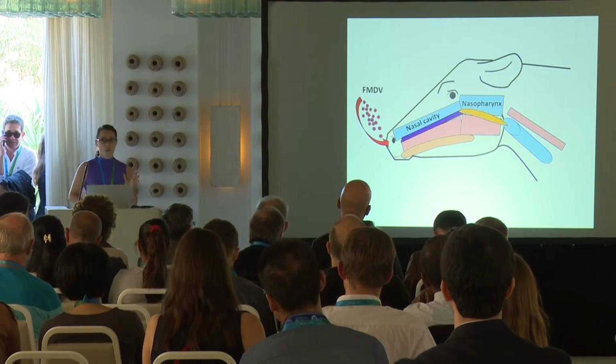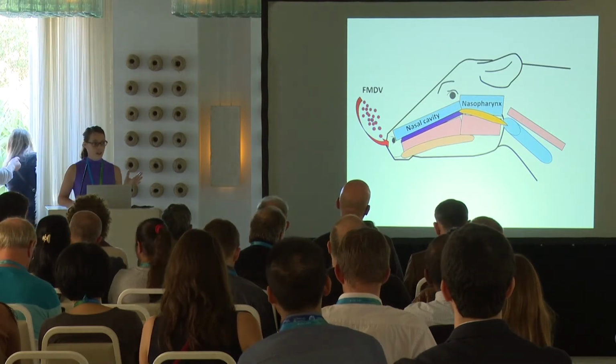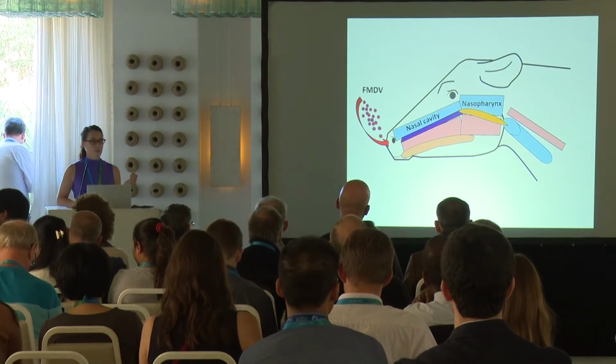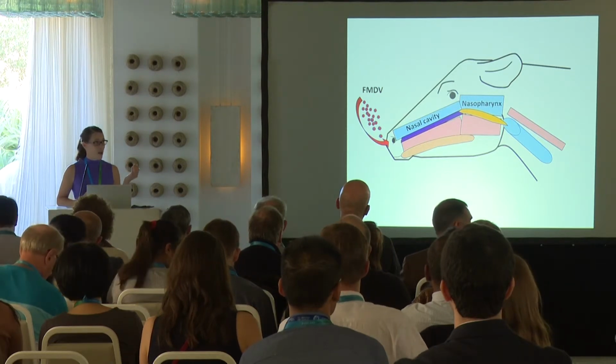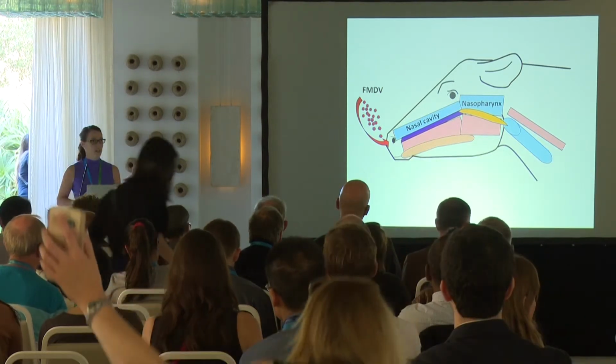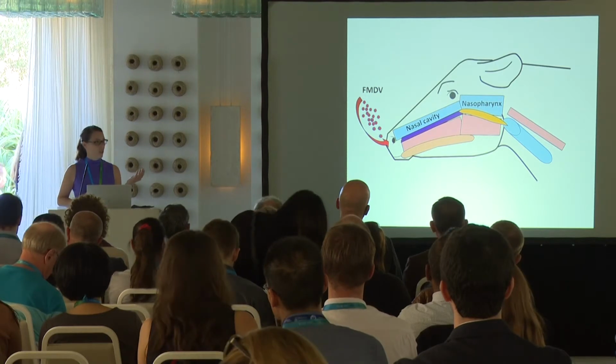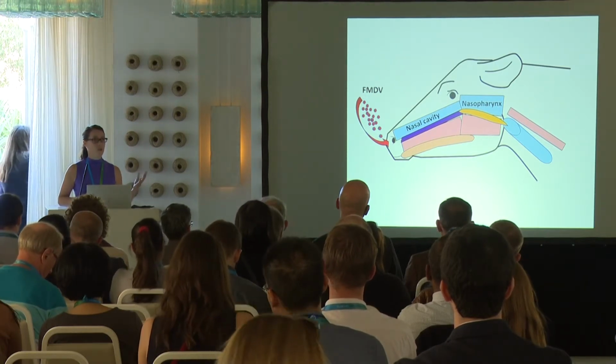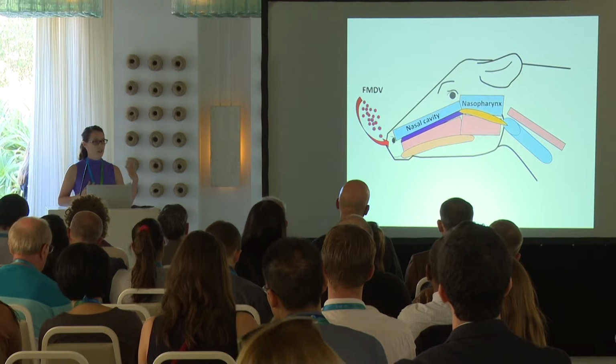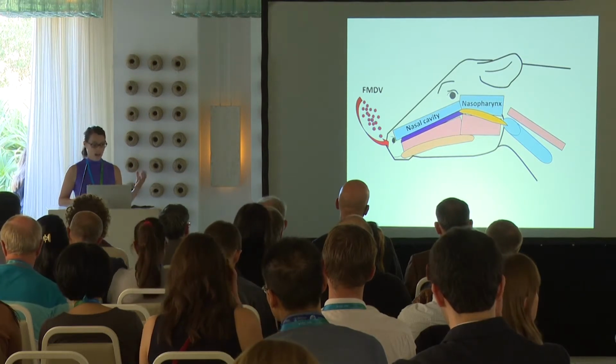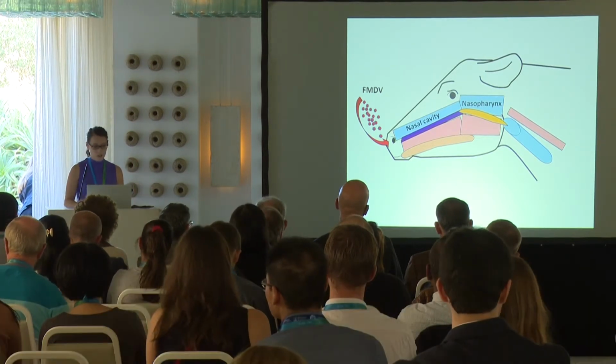Anyways, we're supposed to be talking about FMDV pathogenesis, and this slide is supposed to illustrate what happens when a cow gets exposed to FMDV via a natural route of exposure. By natural here, I'm referring to anything that would lead to exposure of the upper respiratory tract, such as direct contact challenge.